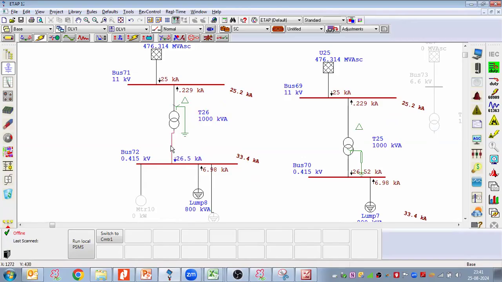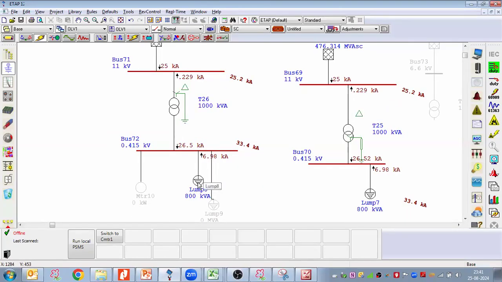Here the bus bar I should take 35 kiloampere. On this side, if I take any MCCB which is 10 kiloampere, that would also be enough, since it is connecting to an 800 kVA transformer.